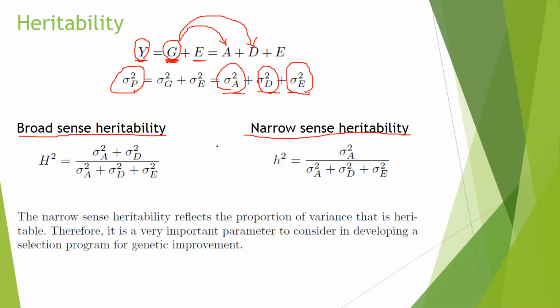But as a geneticist or a breeder, you want to see what proportion of this total phenotypic variation in rice yield can be exploited by genetics, which means what proportion of the variability you observed in the phenotype is inheritable. Is that clear? So this is how we define heritability.